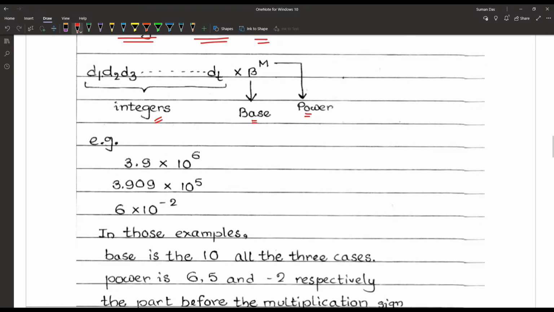Let 3.9 times 10 to the power 6. Here 10 is the base beta, 6 is the power m, and the integers are 3 and 9.